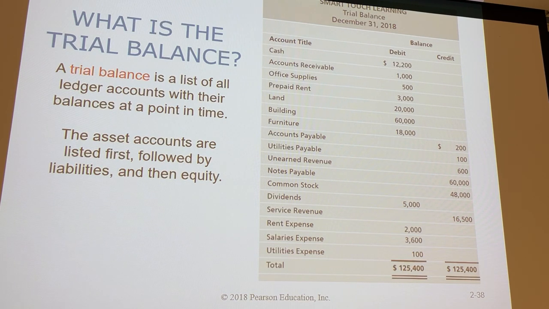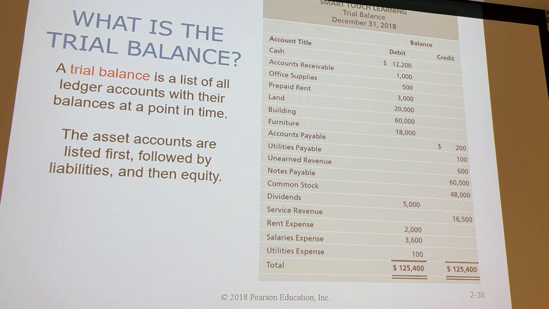Now, a trial balance is a report that is used to make the accounting process easier and more accurate. It's not a financial statement, unlike a balance sheet. It's not anything that you would ever issue to your shareholders. It's an internal tool that you use in the accounting process.